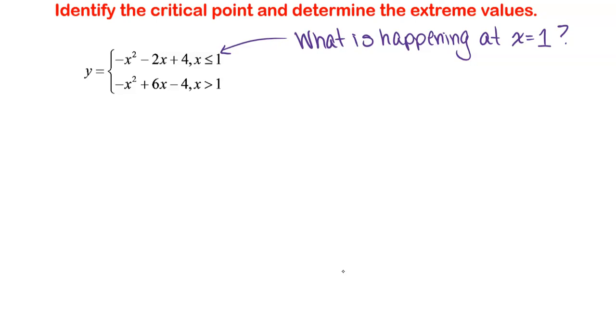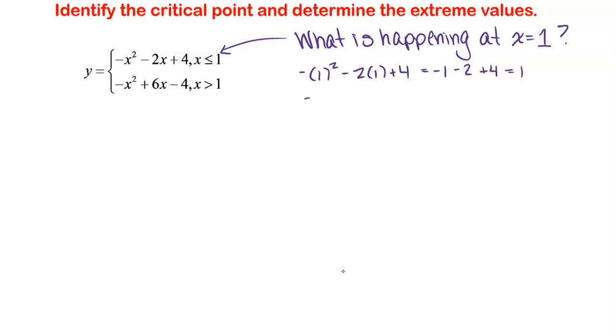So the first thing I'm going to do is just plug in 1 to both of those functions and see if I get the same thing. So if I do negative 1 squared minus 2x, minus 2 times 1 plus 4, that's going to give me negative 1 minus 2 plus 4, and that's going to give me 1.